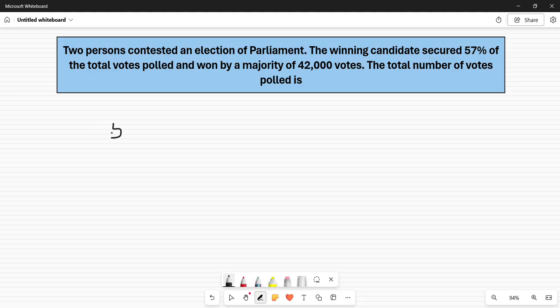So 57% he got it. So the loser would have got 43. So the gap is 14%, right? 14% is 42,000.